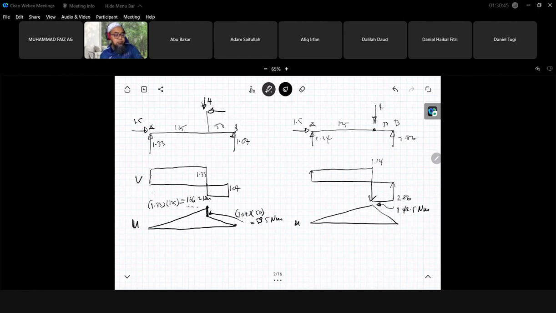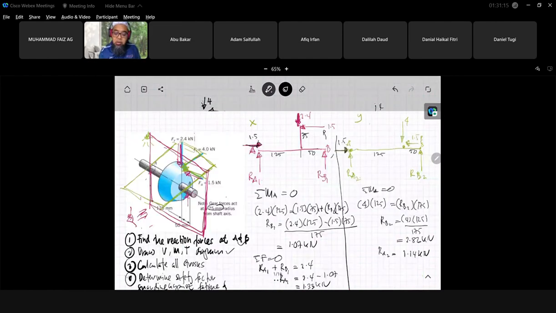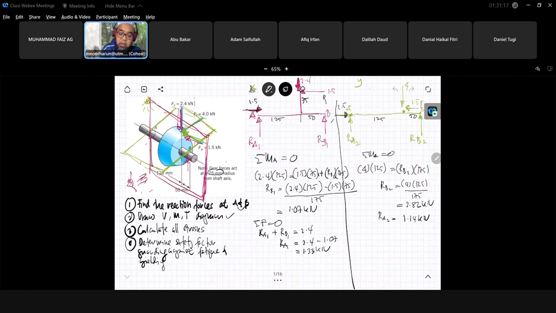Okay. So for the torque, kalau tengok torque yang you ada, torque ialah this one lah. This is a torque.